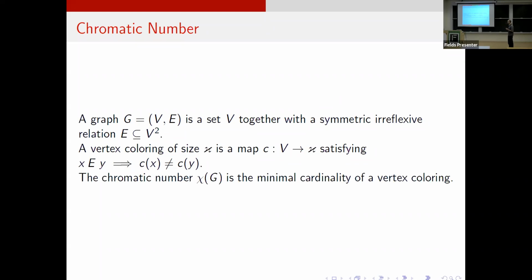And the chromatic number of a graph is the minimal cardinality of such a vertex coloring. Of course, such a coloring exists. You can just color each vertex by a different color, but somehow you want to figure out what's the minimal cardinality.